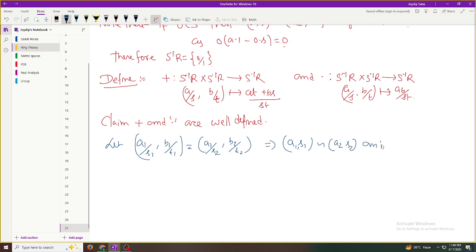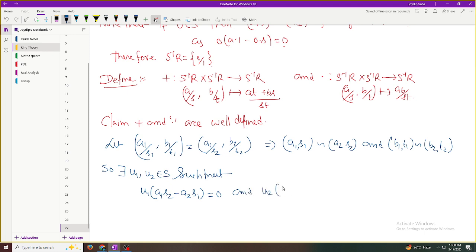So there exist, by definition of the relation, u1, u2 belonging to S such that u1 (a1 s2 minus a2 s1) equals 0, and u2 (b1 t2 minus b2 t1) equals 0.